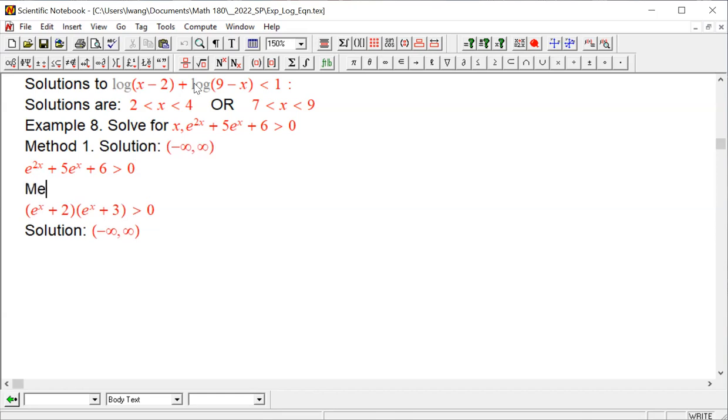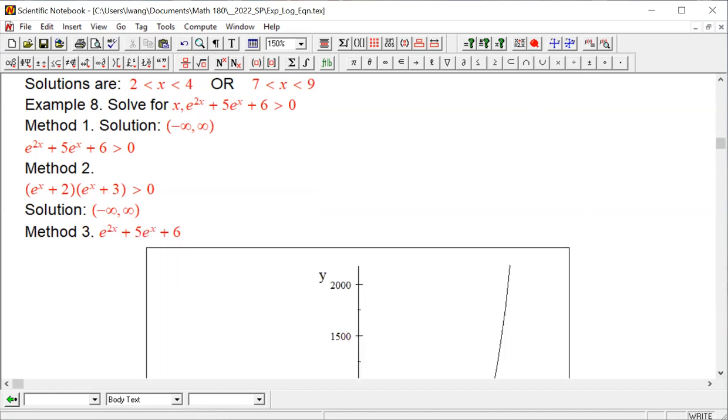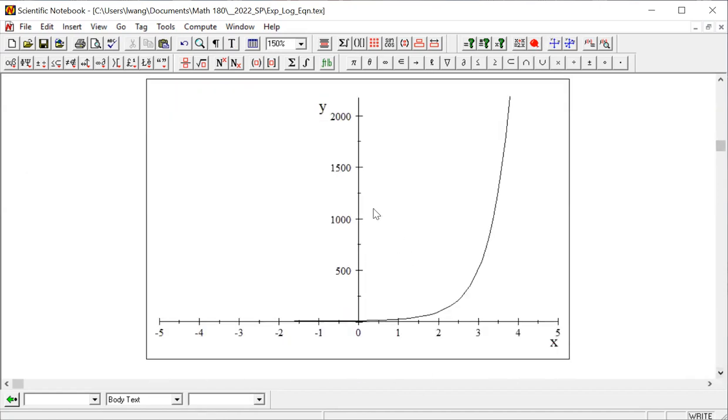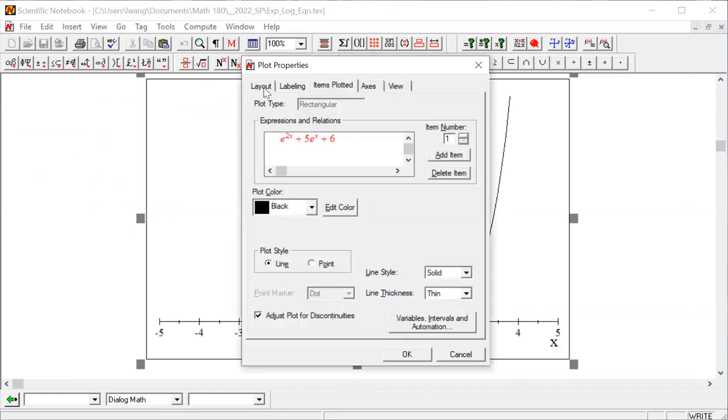If you still don't see that, and you thought, okay, let me just plot the curve, right? I got a tool. So you just plot this curve, and you will see the picture is entirely above the x-axis. I guarantee you. Okay.